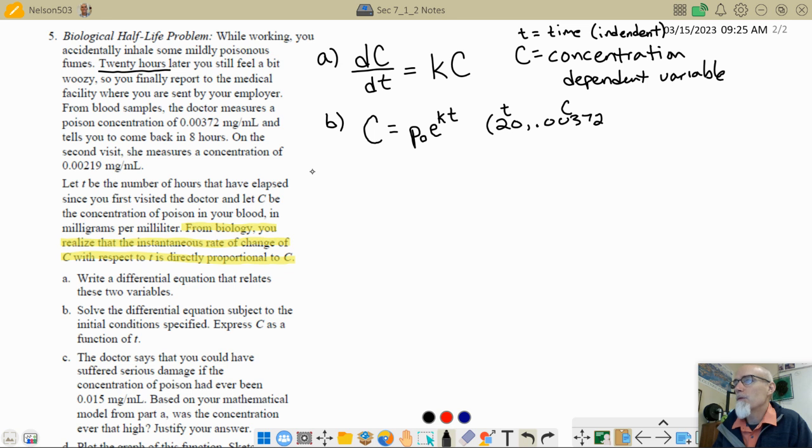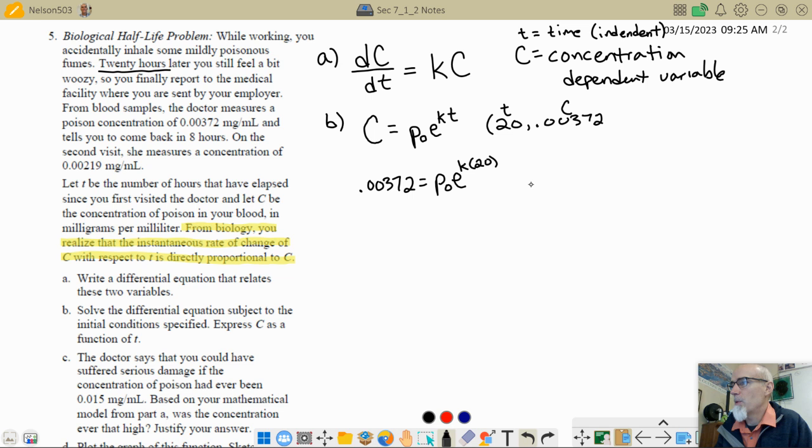So if we stick these numbers into our function over here, I take 0.00372 and I leave P sub 0 because I don't know what my concentration level was at time 0. And then I put down e. I don't know what my k value is, but I know my time is 20. Okay, so that's one piece of information that I can plug in there. And then it says right here that we come back 8 hours later.